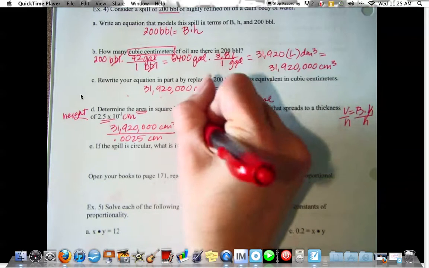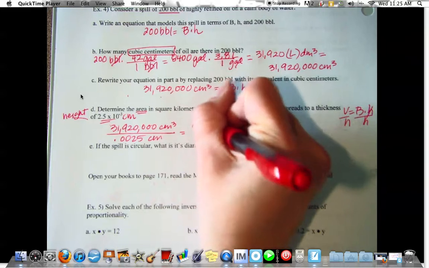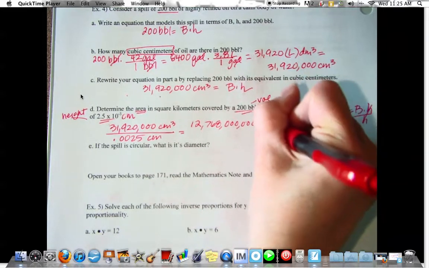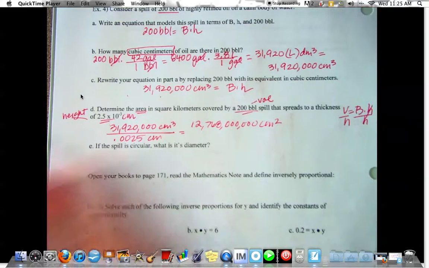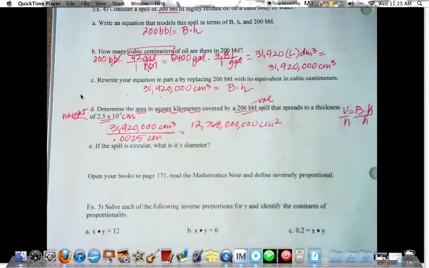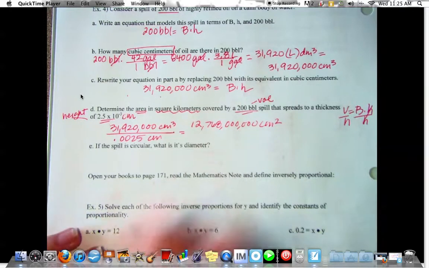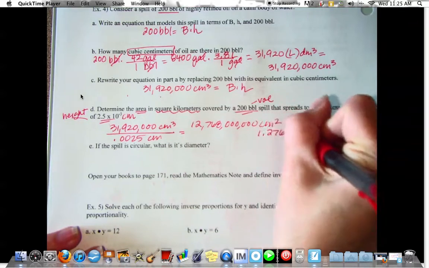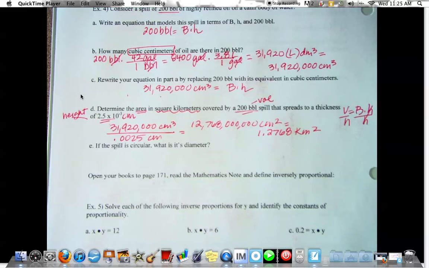So that is 12,768,000,000 square centimeters. Our units need to be in square kilometers. So we're going from centi to kilo. Centi to kilo is 5, but because it's squared, it's going to be 10. We're moving to the left. So this gives us 1.2768 kilometers squared. So that was the area.